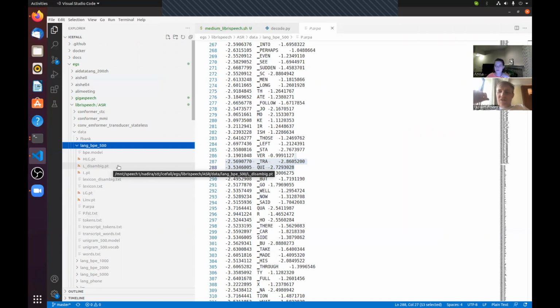Not all of our recipes actually use this. We support various decoding modes in, say, our RNNT systems. In some decoding modes, we don't use any graph or any language model at all. In some decoding modes, we do, and it doesn't always even help that we do use a language model. But because we're trying to develop systems that interact better with language models, we still keep this stuff around.